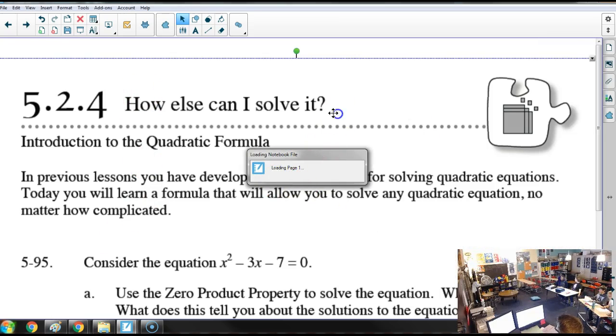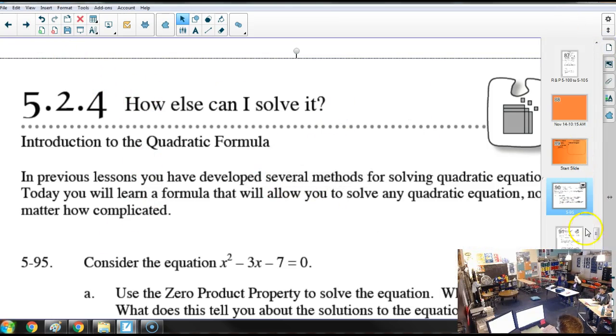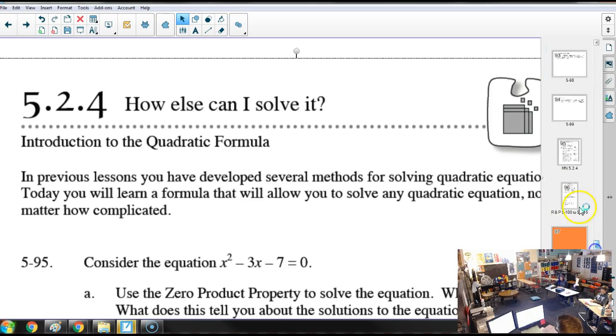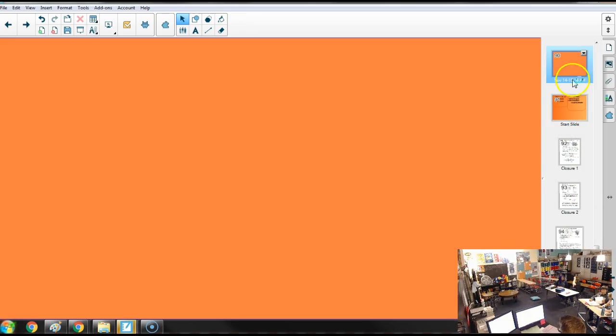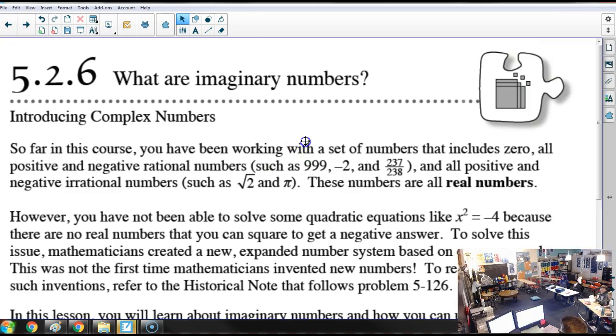You're going to want your graphing calculator and graph paper out, so if you don't have that stuff ready, please get it. And now I copied 5.2.6. Where's 5.2.5? There we go.